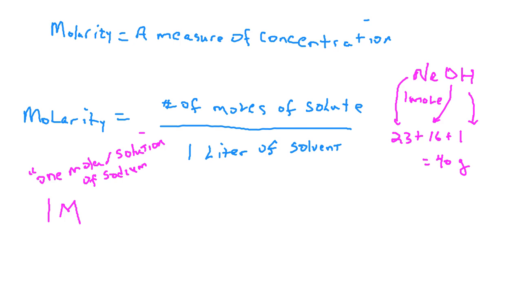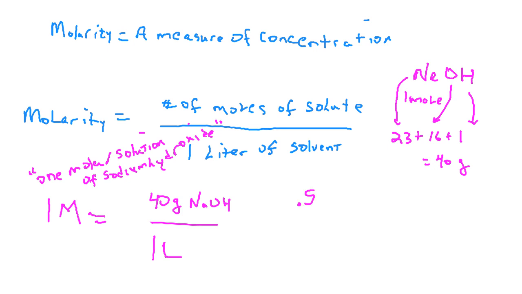Sorry, it's a little crooked. We would write this as 1M of sodium hydroxide, 1 molar solution is equal to, so 1 mole is 40 grams of NaOH divided by 1 liter. Ta-da! What about a 0.5 M solution?